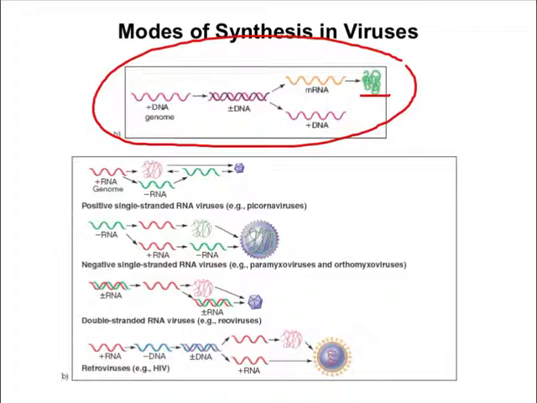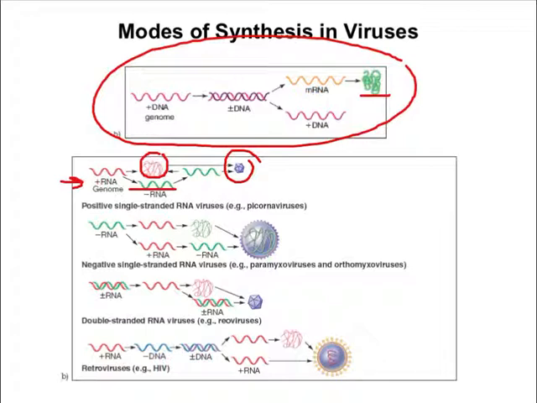However, when we look at RNA genomes, things are a little bit more complex. As you recall, we can have positive RNA genome. We can have a negative RNA genome that's in the virus. In the positive sense, that RNA genome can be directly translated into proteins, and more RNA can be made, which can then be packaged into capsids for release from the cell.